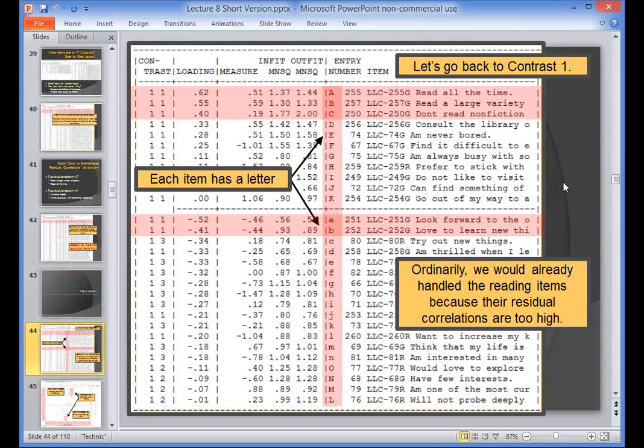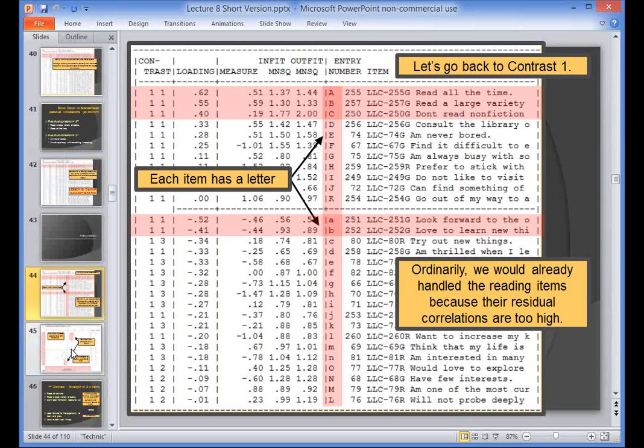But if you scroll back to contrast 1, you'll see that there's this central column here of letters. You'll see this entry number column pretty much in the center. And then you see these capital letters: A, B, C, D, E, F, G, H. And then below that, these are the items with the positive loadings. And then below that, the items with the negative loadings have A, B, C, D, E, F, G, and so on. Okay? So every item has either a capital letter or a small letter.